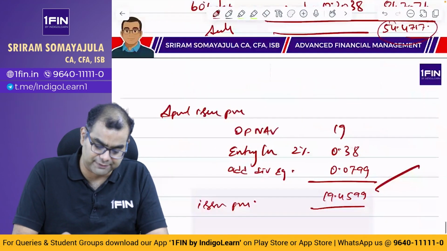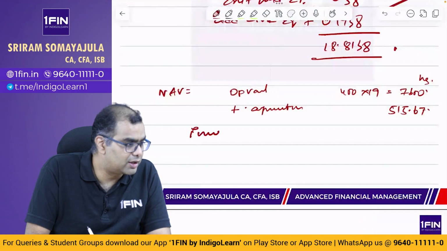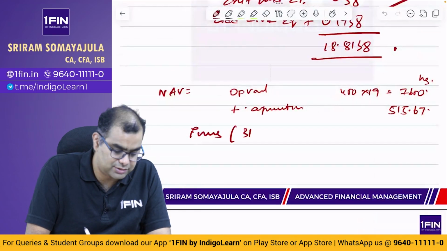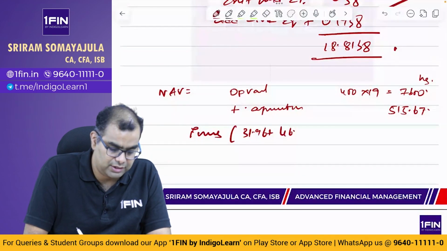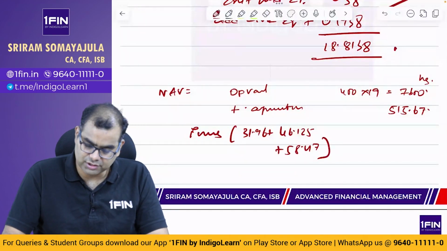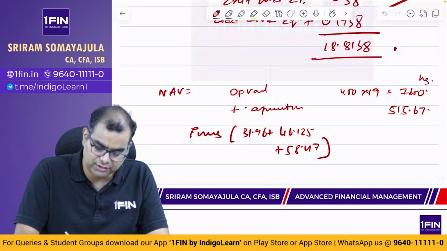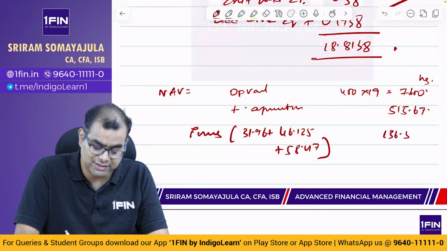So I'll tell you what I mean. Let us take incomes. What are the incomes? 31.96 plus 46.125 plus 58.47. These add up to 136.555. What is the dividend that you paid?